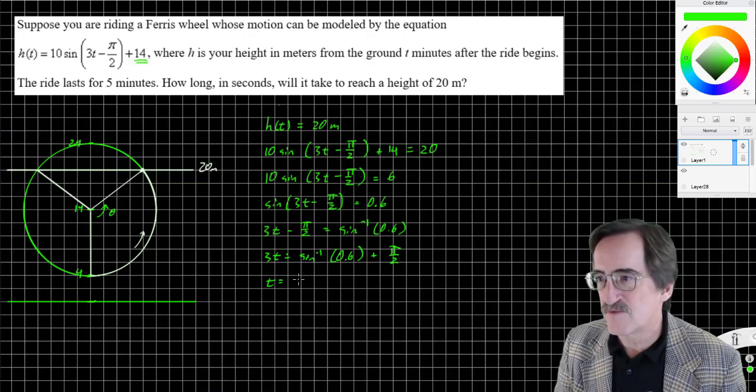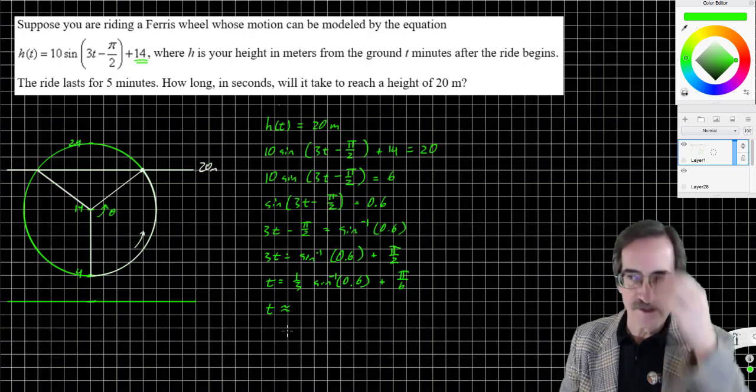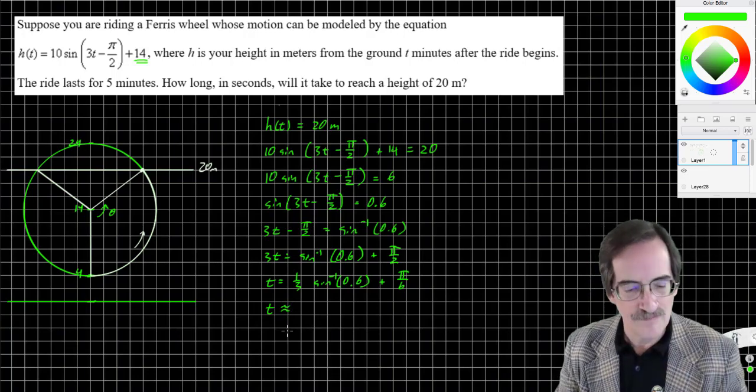You can distribute division just like you distribute multiplication. So actually, let's do this. 1/3 arc sine 0.6. Pi over 2 divided by 3 is pi over 6. Okay, and I write it like this because I want to leave the answer exact as long as I can.